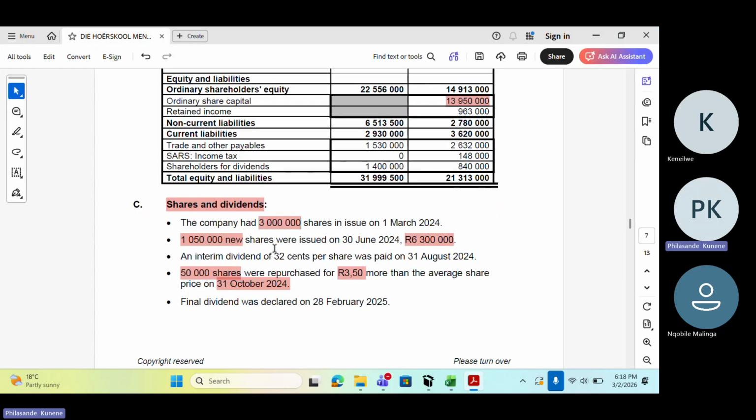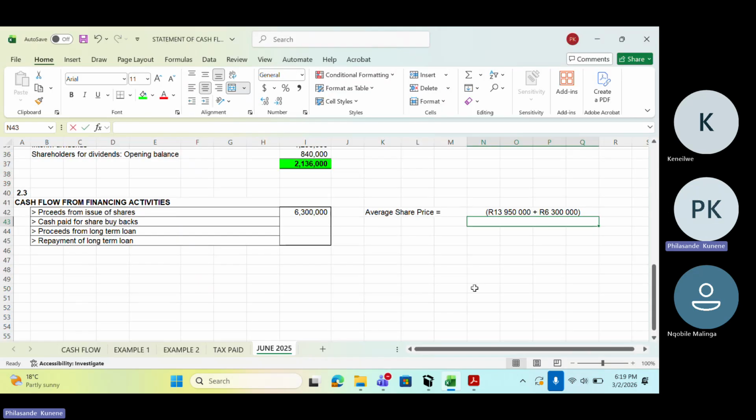So what is that? 3 million shares were in issue at the beginning. 1,050,000 shares were issued during the year. So we're going to have 3 million shares plus 1,050,000 shares that were issued during the year.